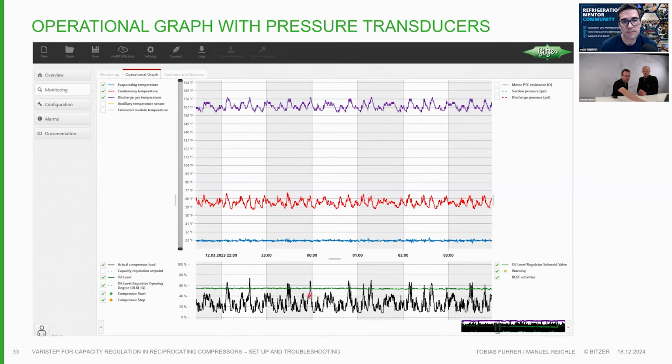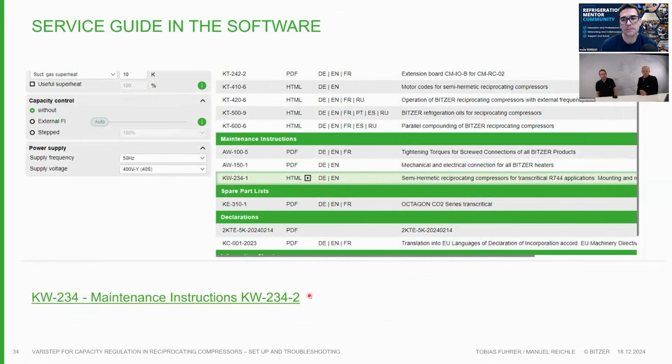For troubleshooting, we have the KW234 maintenance instruction. You can find this in the Bitzer software. When you go to the area documentation for the transcritical compressors, there we have a very good description. Also, we have a maintenance manual if you want to replace a valve.